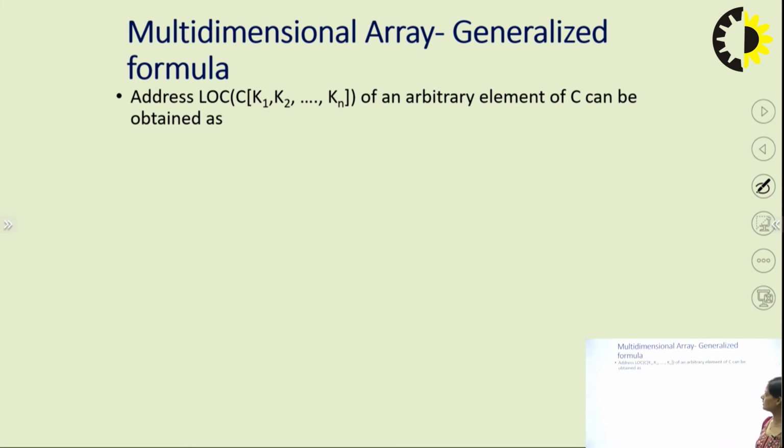So the generalized formula: the address, represented by LOC, of an element of array C having the subscripts k1, k2 up to kn.